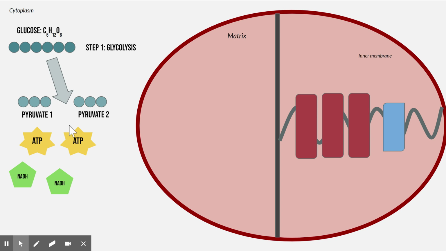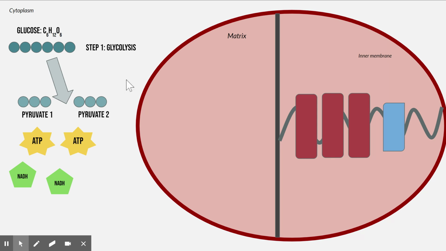So we get some energy right away in the form of ATP, and then we get 2 NADHs, which we use later to power step 3. Step 1 of glycolysis, since it happens all in this gray space, means it happens in the cytoplasm of the cell.